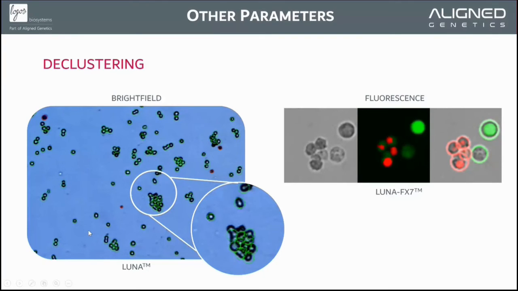So you can see that since the beginning, it was really important for Logos to provide you with the best algorithm to detect the clusters. And the FX7, the most recent instrument, goes even further, because most of the time, even if you manage to decluster live cells, it's highly complicated to decluster dead cells. And this instrument is capable of declustering dead cells as well.